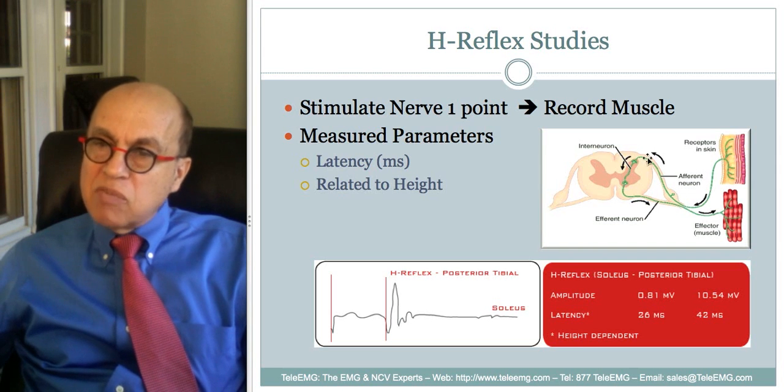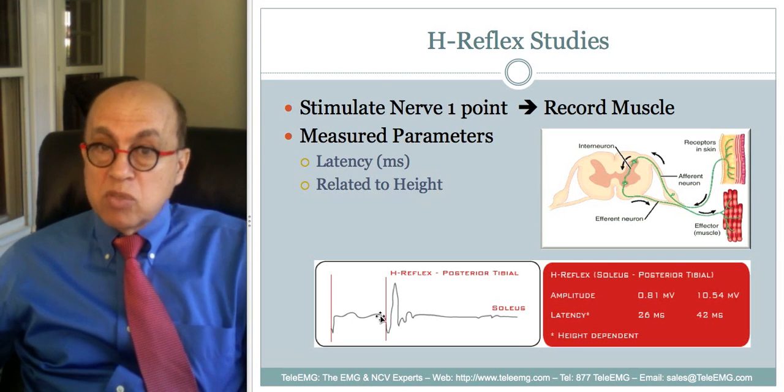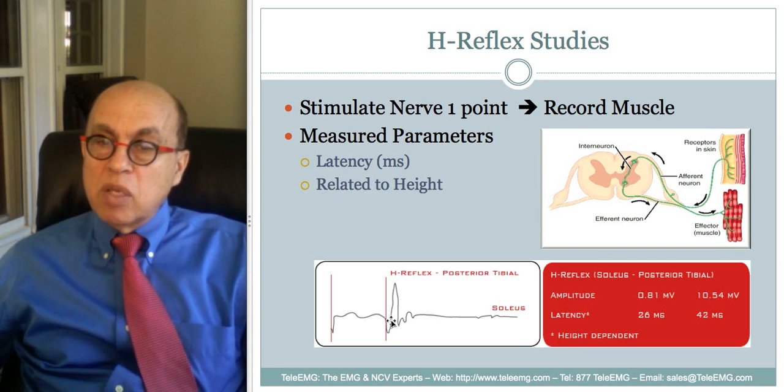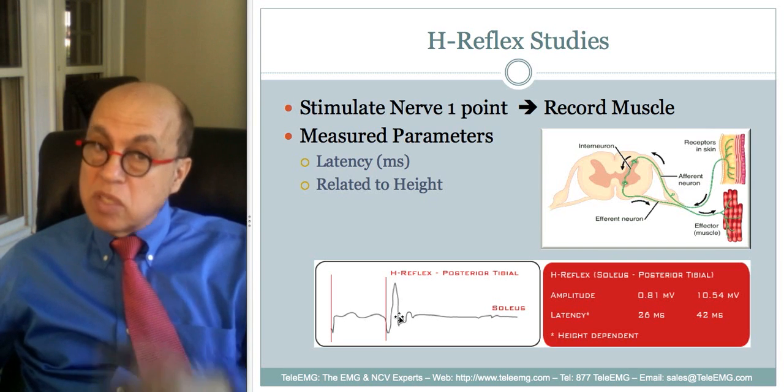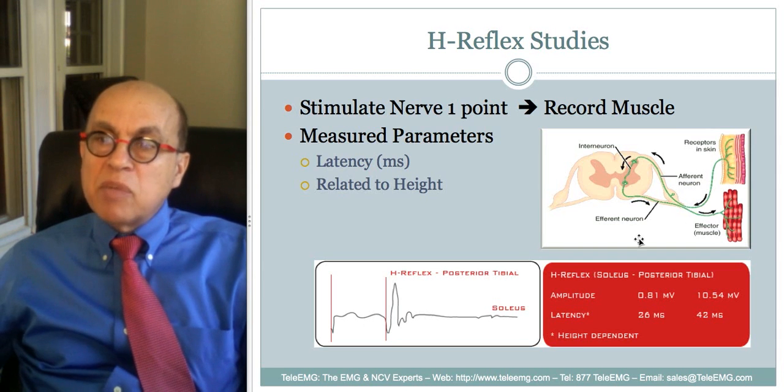Now that takes very long to go from up here to down here. And as you can see, the reflex is a nice motor response. It's very big here. It's very late because it took a long time to go from here to here. This is the H-reflex. We see it in the leg, not in the arm. And this is the beginning of the motor wave that came from stimulation here. Again, in this case, we measure the latency and we relate it to height.